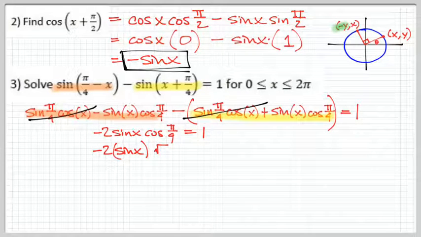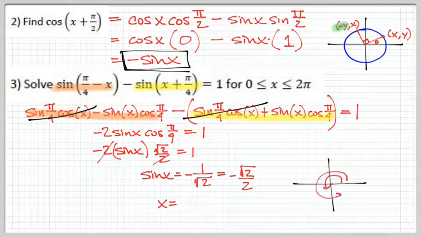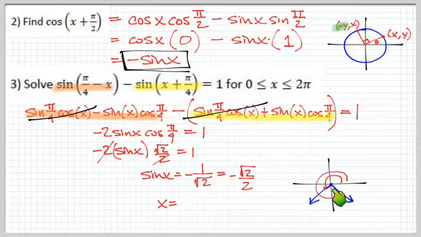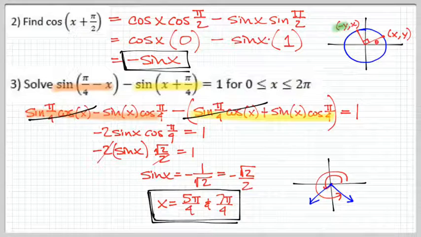Cosine of pi over 4 is square root of 2 over 2. And we could simplify this here to sine x is equal to negative root 2 over 2. That means we have two possible choices for that. It would be 5 pi over 4 or 7 pi over 4.